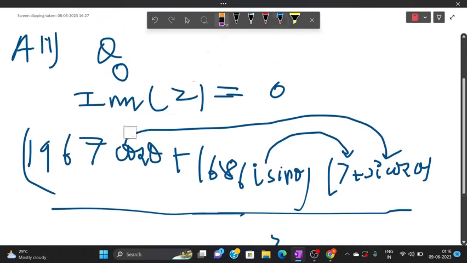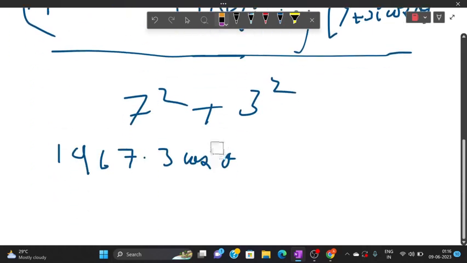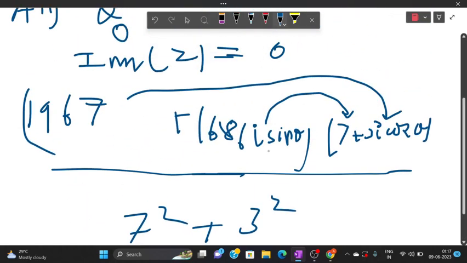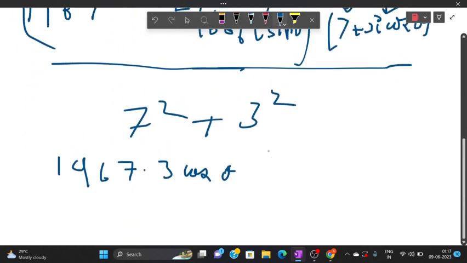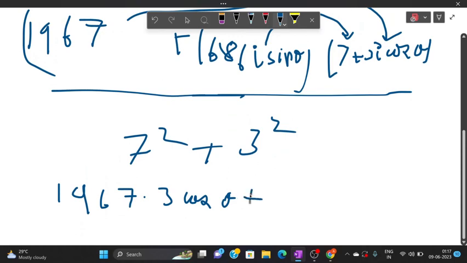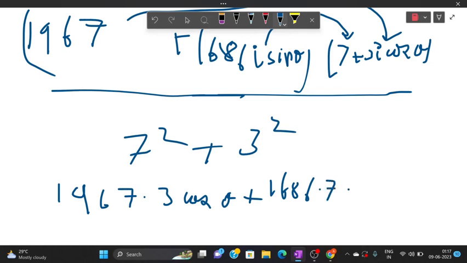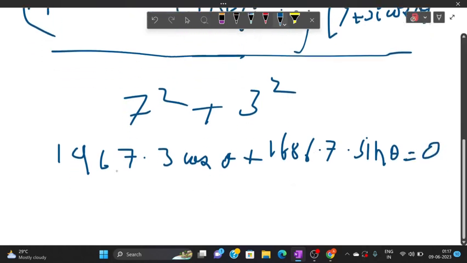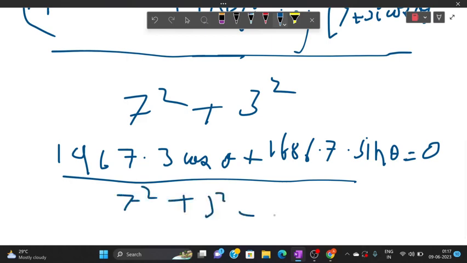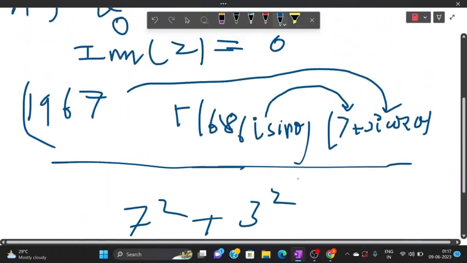It's not 1967 cos theta, it's 1967 only. This should be equal to 0, since the imaginary part will be this upon 7 square plus 3 square. So we multiply this here and this should be 0.